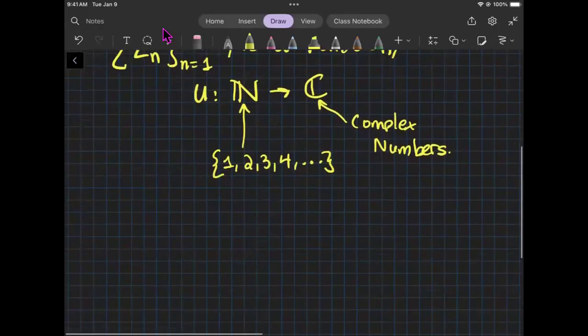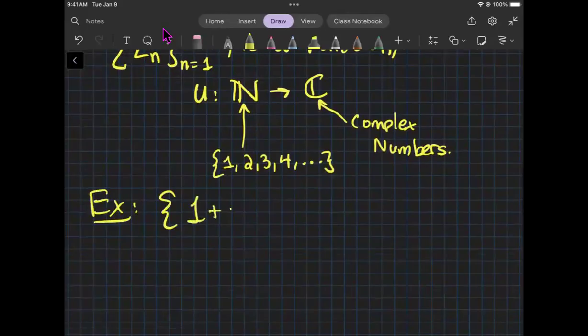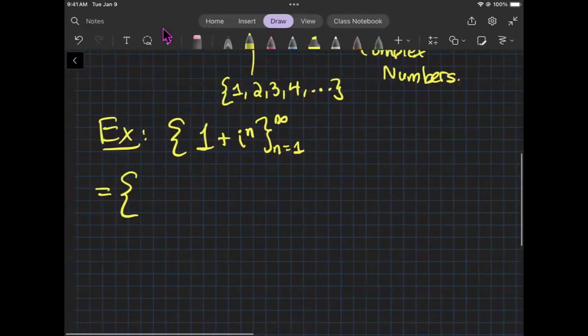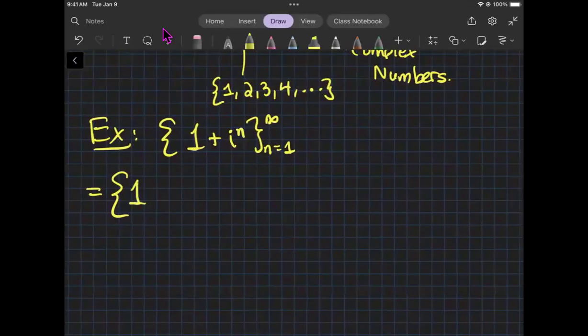All right. So an example of a complex sequence may look something like this: 1 plus i to the n power. i is the square root of -1, right? So if I list out the terms of this sequence, when n is 1, we'll have 1 plus i. When n is 2, we'll have 1 plus i squared.